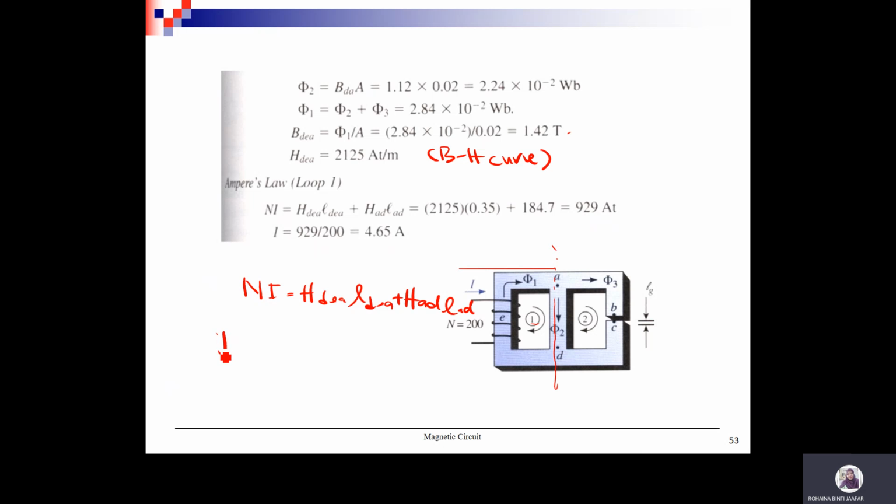So I equals 929 over the number of turns, 200. So you get 4.65 ampere. The analysis of series-parallel is quite complicated, but once you know the steps of analysis, follow the steps and you can solve the problem.